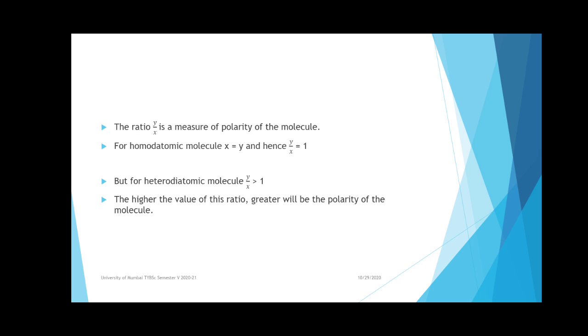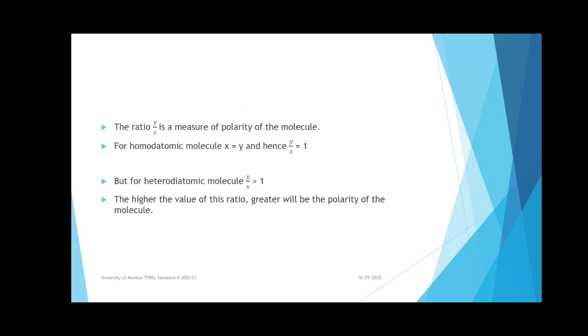The ratio of y upon x is a measure of polarity. Polarity is the difference in the electronegativity of two atoms. So the ratio y upon x is the measure of polarity of the molecule, and therefore for homonuclear diatomic molecules, x is equal to y.